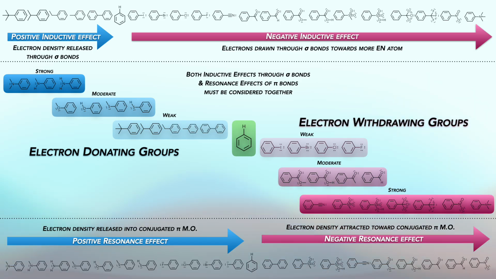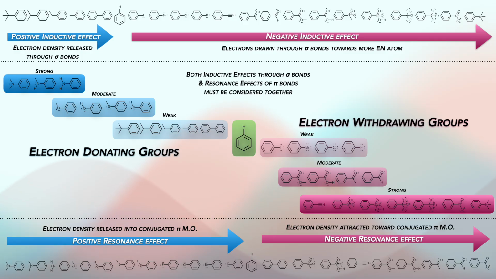There are two distinct ways substituents can influence pi systems, either through inductive effects, which act through sigma bonds, or resonance effects, which act through pi conjugation. We must consider these both together. Induction redistributes electron density, resonance redistributes wave function amplitude.